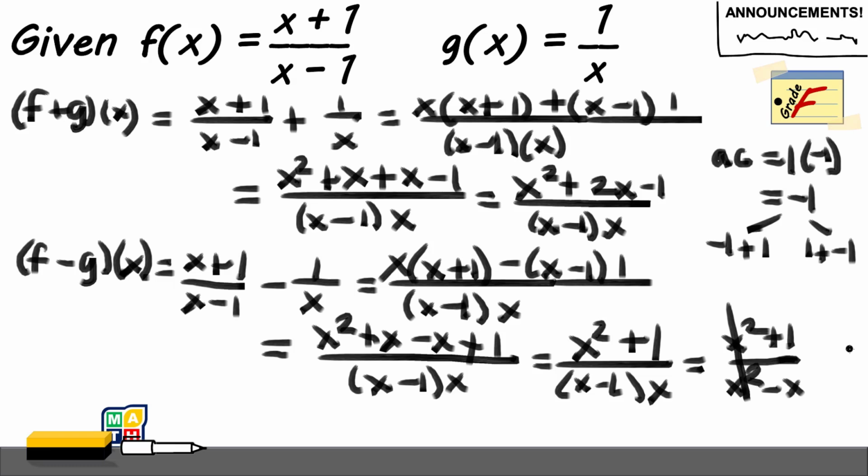You can't do the cancellation law because the complete name is the cancellation law for multiplication. If we also examine the result of our addition earlier, we could have x squared plus 2x minus 1 all over the same product, x squared minus x. And again, we cannot do that because of the same concern.